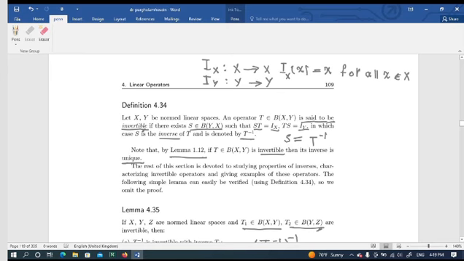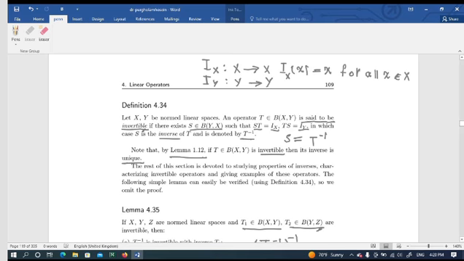another operation S belongs to B of Y and X, such that the composition of S and T equals Ix. Ix is the identity function from X to X, such that Ix of x equals x for all x in vector space X. And TS equals Iy.